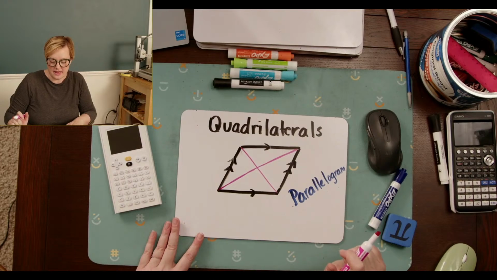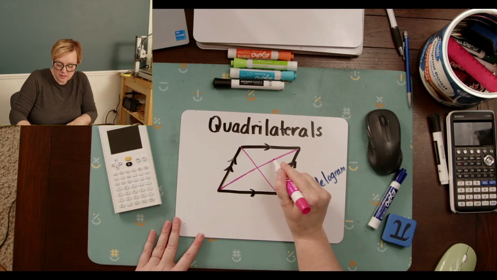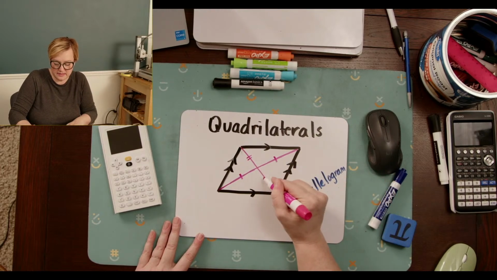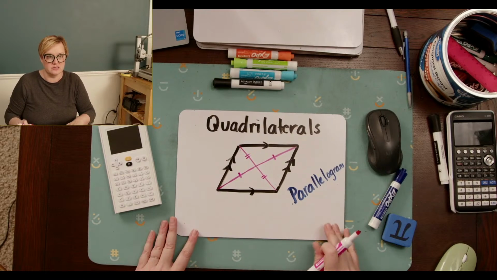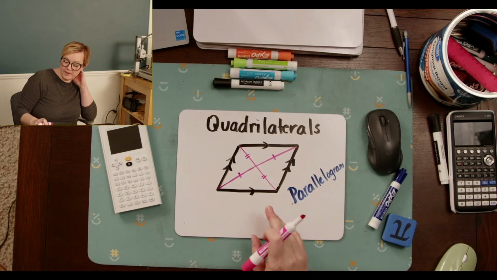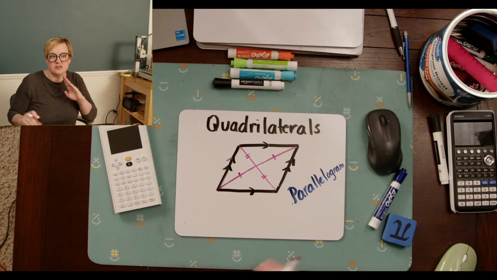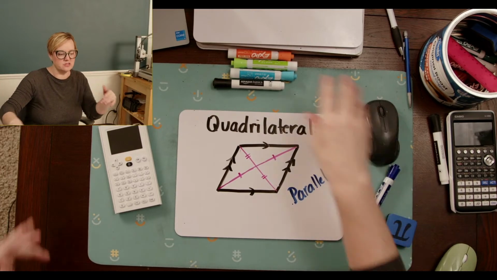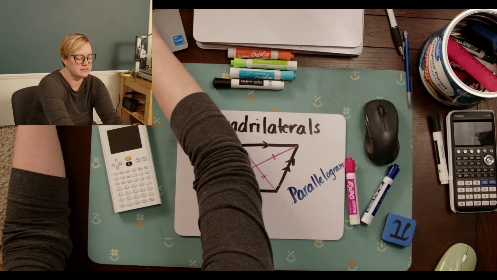So this and this, and then this and this. They're bisectors. Now, if it's a rhombus, then those are perpendicular bisectors, right? So again, it's like yes, and. All these things just build on each other. So knowing these characteristics, we can answer some really interesting questions.